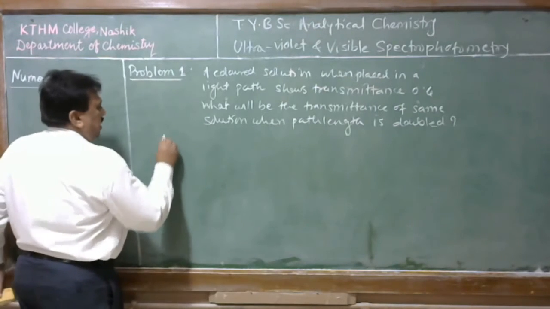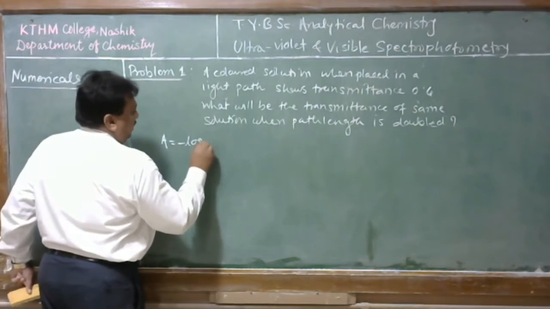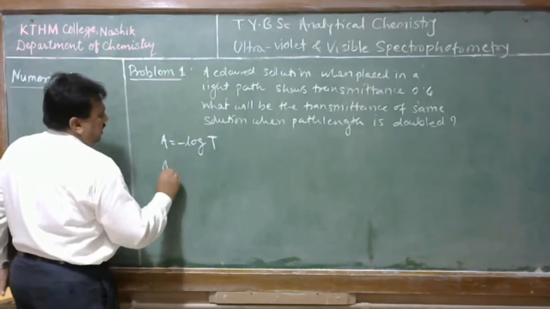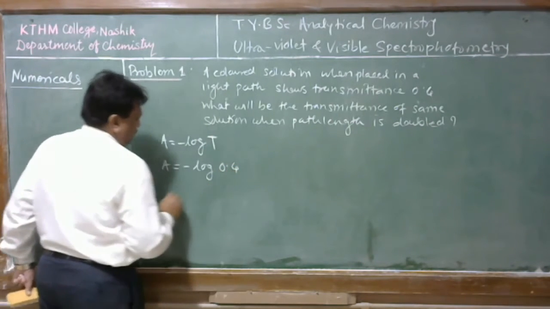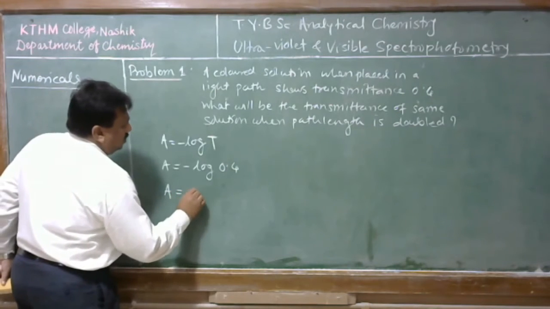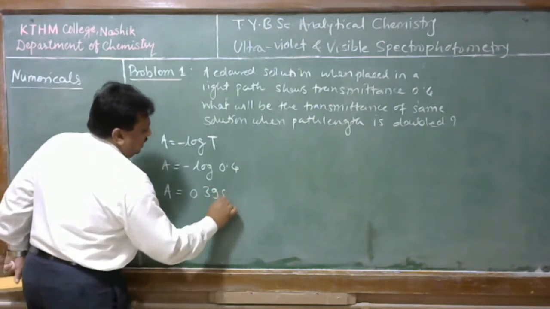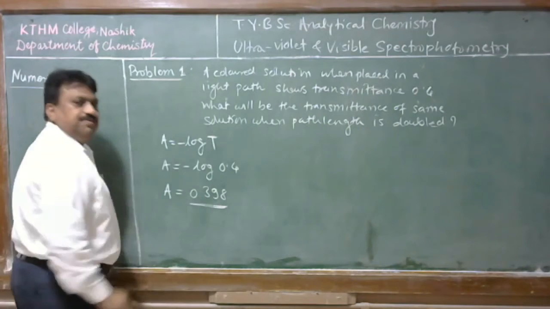Therefore, here A is equal to minus log T. Here A is equal to minus log of 0.4. Therefore, A is equal to 0.398. This is the absorbance.